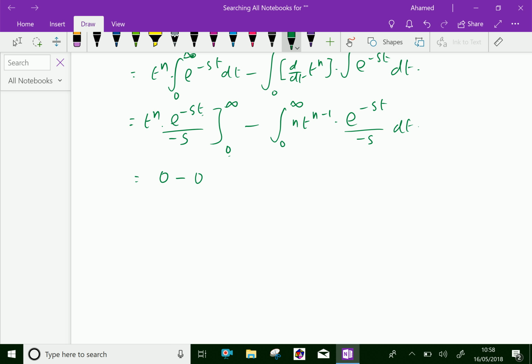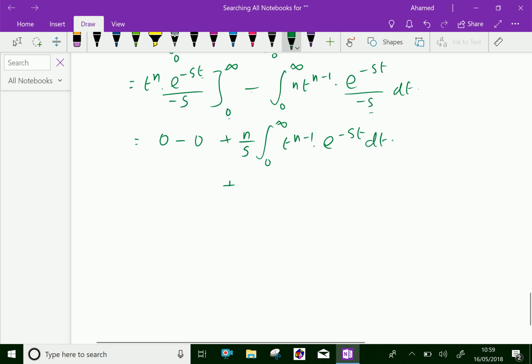Then minus s and the minus sign, it becomes plus, and n taken out, n over s, integral 0 to infinity t power n minus 1 into e power minus st dt equal 0 minus 0, which is 0 only. Then n over s integral e power minus st into t power n minus 1 dt.